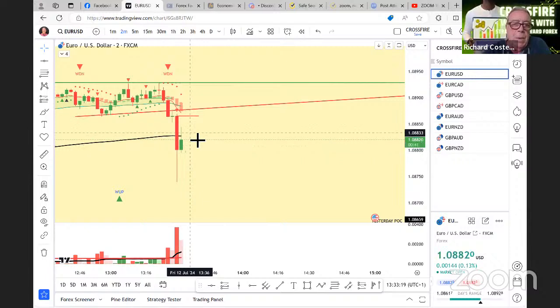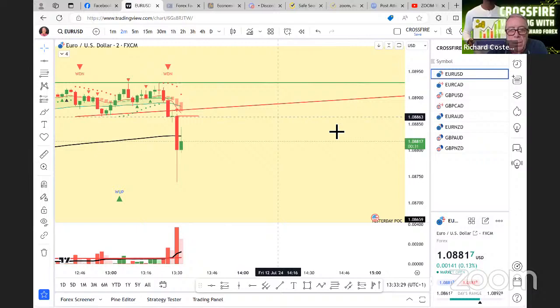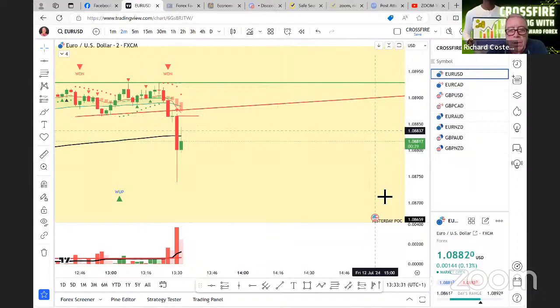Now, are they going to push it up and take out stop losses up here? Got a news icon there reminding me that at 3 o'clock there's further US dollar news, high impact news.